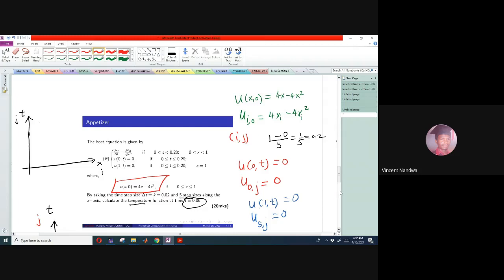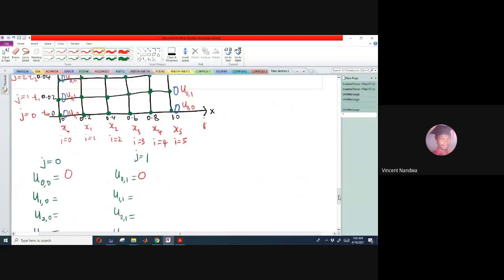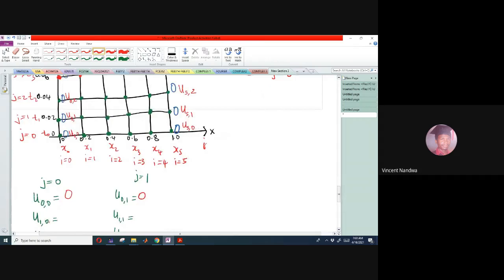So now, to fill u(1, 0), the i value is 1. We just put in the function u(x, 0) equals 4x minus 4x squared, where there's x, we replace 0.2.